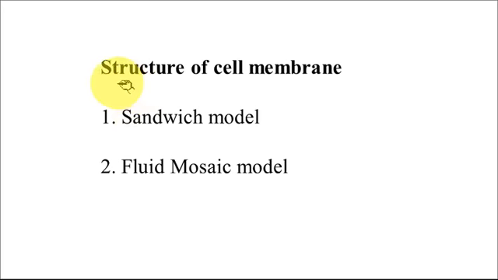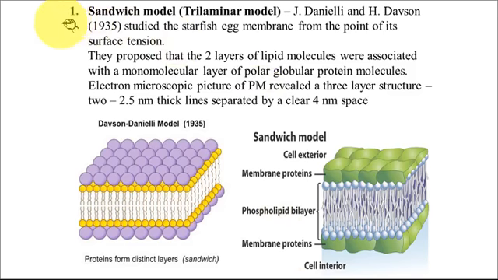The structure of the cell membrane or plasma membrane has been described by two models, that are the sandwich model and another one, the fluid mosaic model. The first one, the sandwich model, is also known as the trilamellar model, which was proposed by Danielli and Davson in the year 1935.